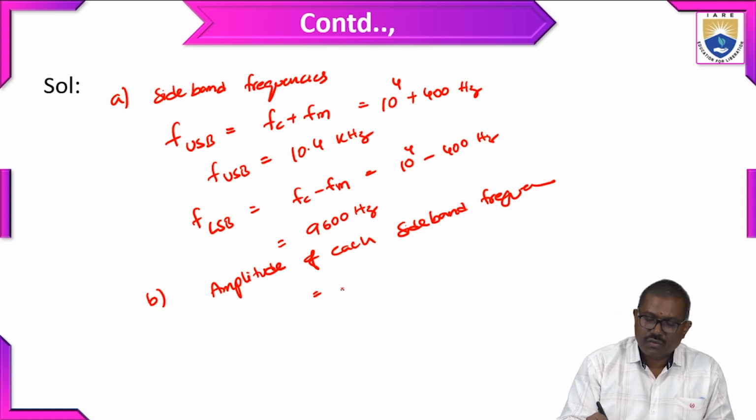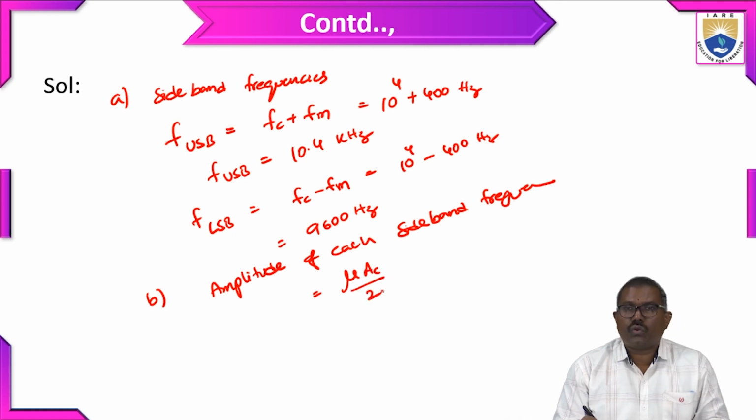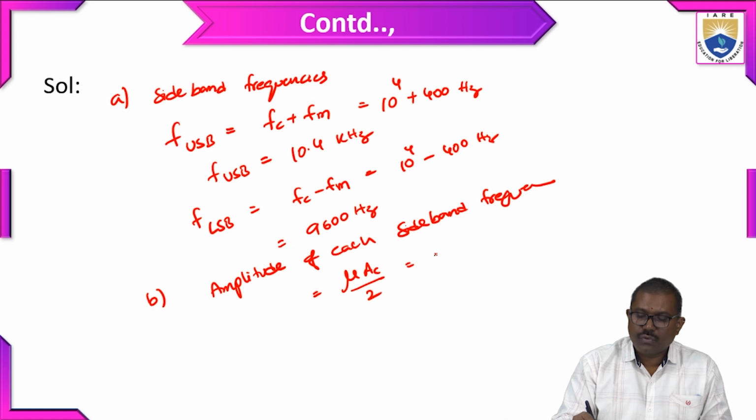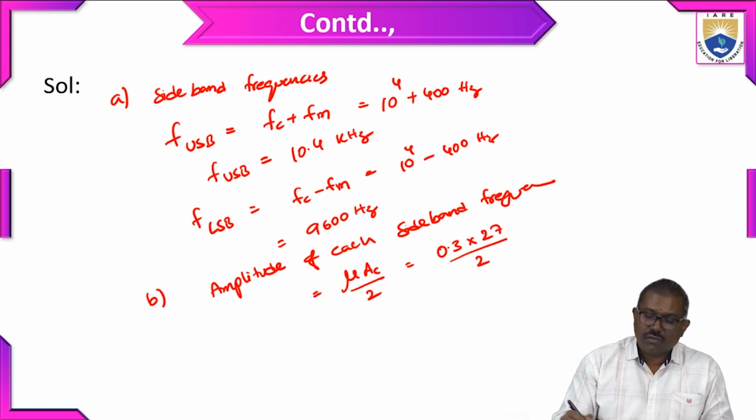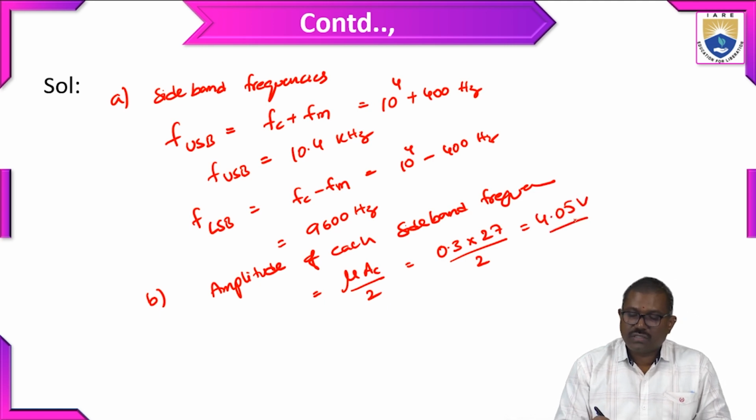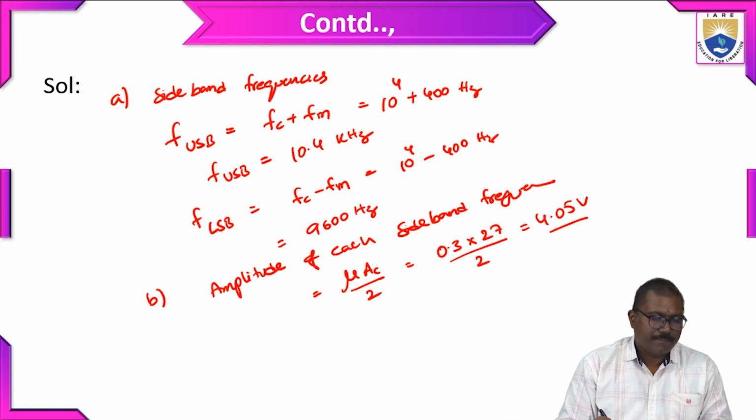For this, mu AC by 2. We know the mu value. What is the mu value? It is nothing but 0.3 into AC 27 divided by 2. Okay. So solving this, you get 4.05 volts. So this is the amplitude of each sideband.